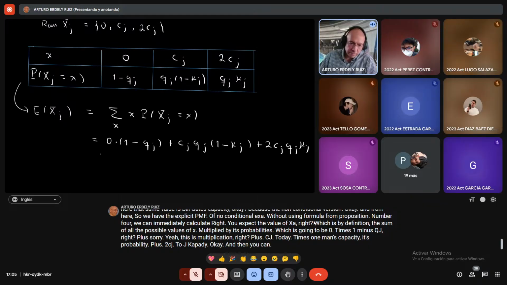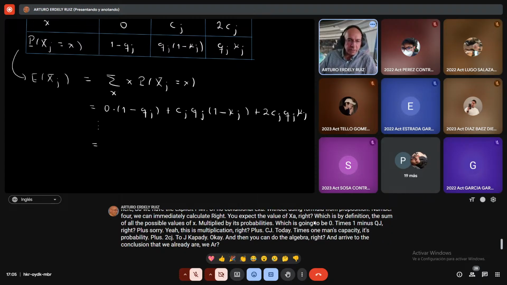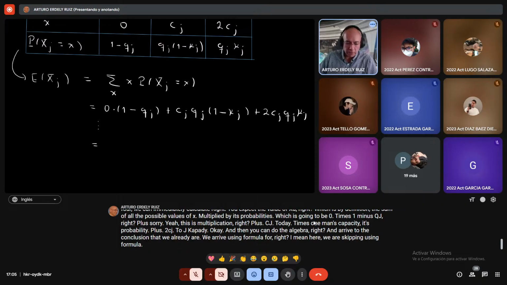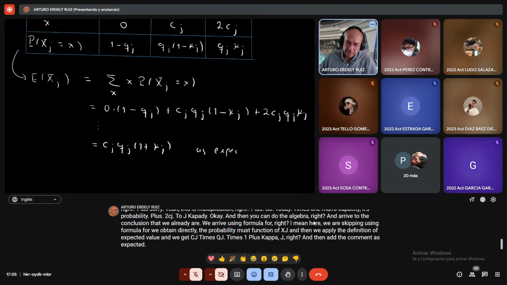Then you can do the algebra and arrive at the conclusion that we already arrived at using formula 4. Here we skip formula 4, obtain directly the probability mass function of xj, apply the definition of expected value, and get Cj times Qj times 1 plus kappa j, as expected, because we already got that formula directly.